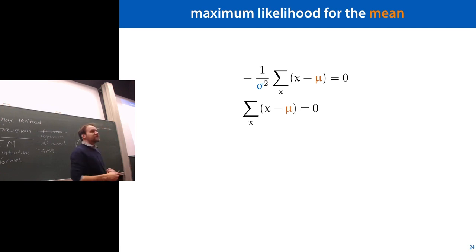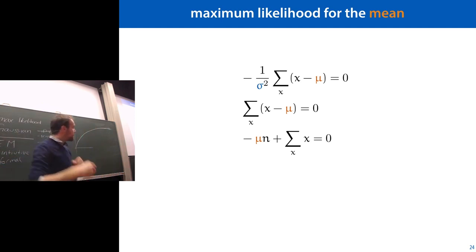So we know that this is true. We have this mu inside the sum, which doesn't depend on the thing we're summing over, so we can work that mu out of the sum, which just works out as n different mu's. Basically, we have n terms if there are n points in our data. So we work out these n minus mu's, which gives us minus mu n plus the sum over x.